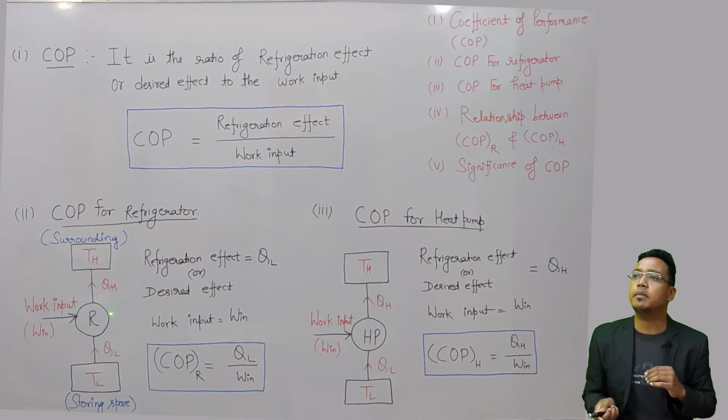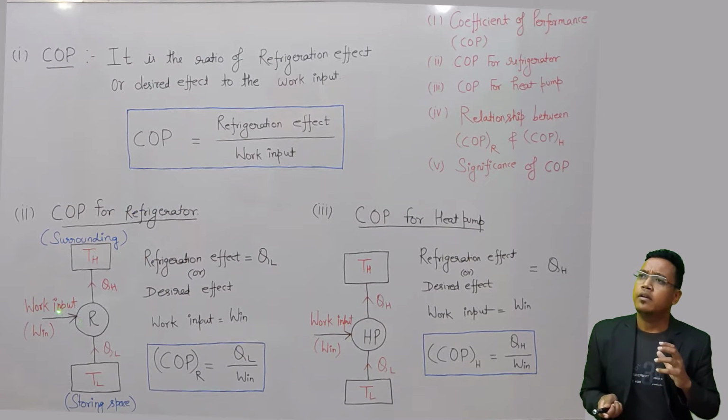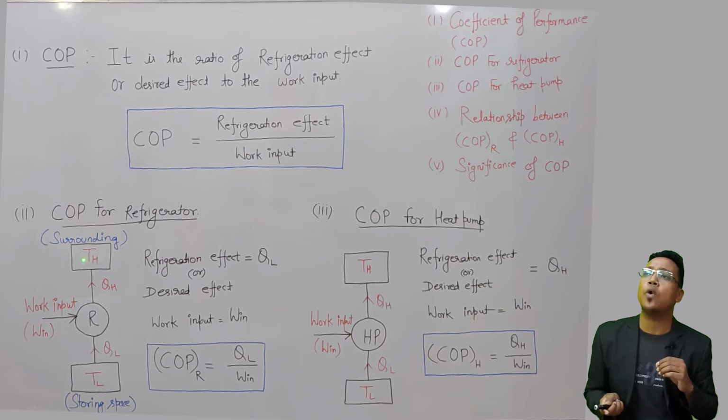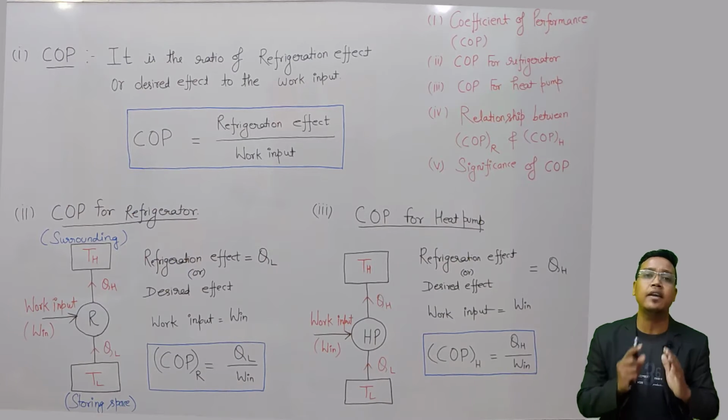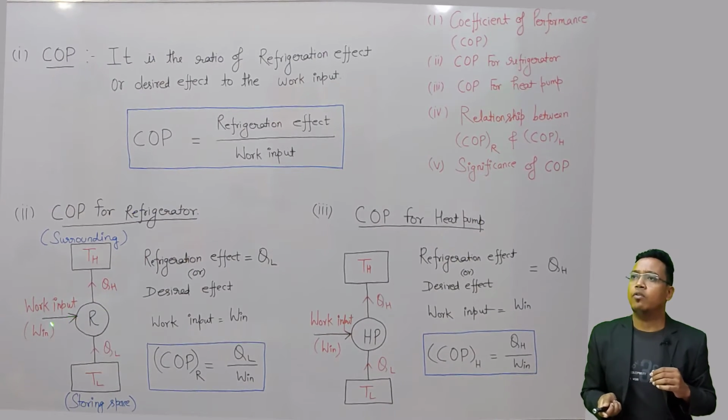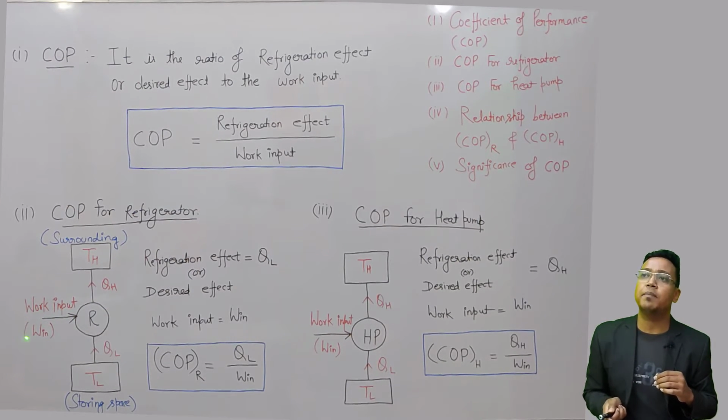This refrigerator machine will extract heat QL from the storing space. Then the refrigerator will transfer heat QH to the surrounding, and the surrounding is at temperature TH. And W in is the work input to the refrigerator.